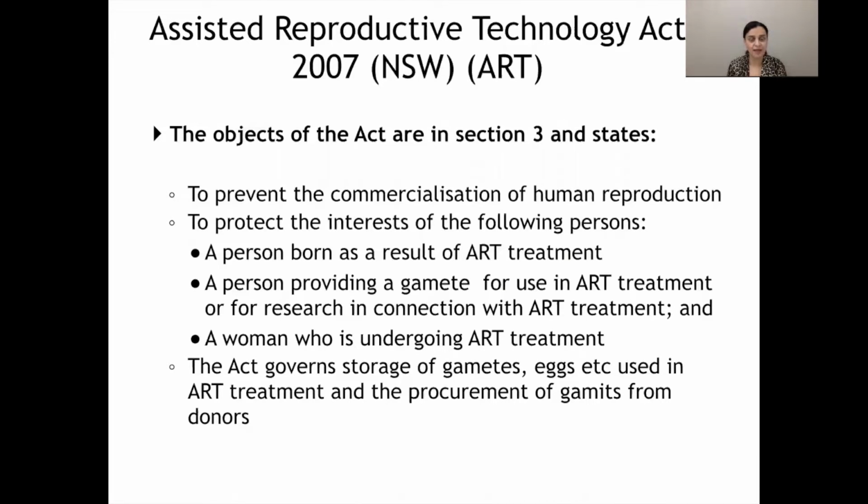The objects of the Act, or the objectives of the Act, are in Section 3, and it states that the governance of surrogacy is specifically intended to prevent the commercialisation of human reproduction, to protect the interests of the following persons: a person born as a result of ART treatment, a person providing a gamete for use in ART treatment or for research in connection with ART treatment, and a woman who is undergoing ART treatment.